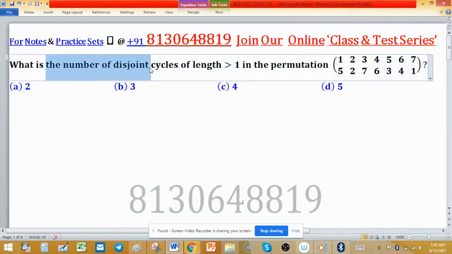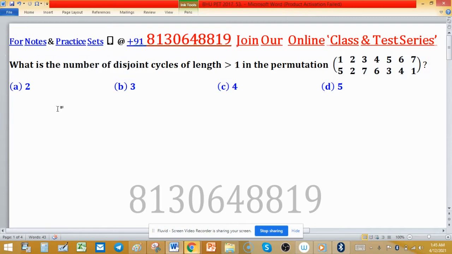What is the number of disjoint cycles of length greater than 1 in this permutation? This permutation is given, and 1 is going to 5, 5 is going to 3, 3 is going to 7, and 7 is going to 1.